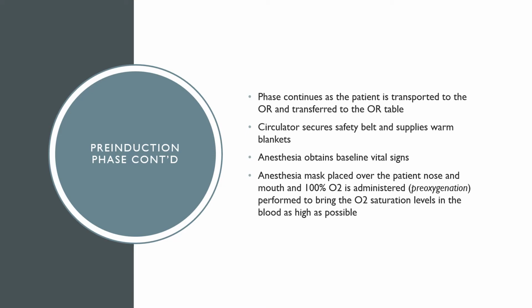This is called pre-oxygenation. Usually they pre-oxygenate for anywhere from 2 to 5 minutes, sometimes longer, depending on the patient. But that's performed to bring those O2 sat levels in the blood as high as possible. So that is in fact straight oxygen that's coming through the mask.